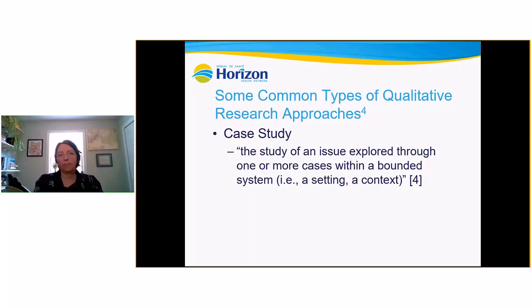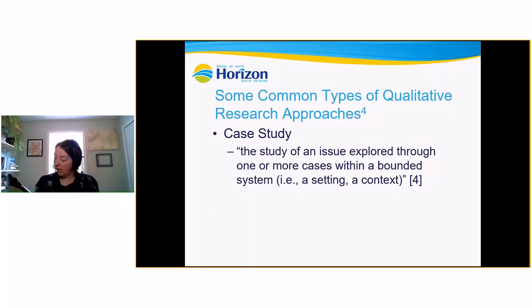An example would be, I just finished up a project in which we did multiple case studies of seniors transitioning home from the hospital. And so in that case, you collect as much information as possible about their experience of that transition. And the bounded context is that person. And their transitional experience was the focus.